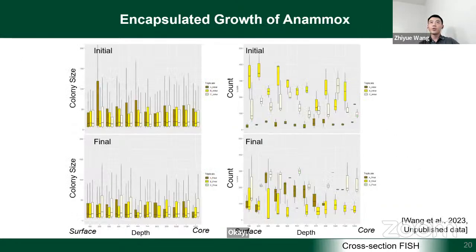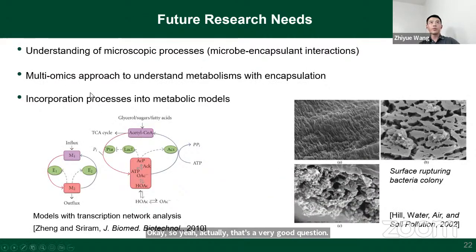So I think that remains still mysterious, because I do see a lot of reports saying that there's altered metabolism when bacteria are encapsulated. But again, as I mentioned, you do need to separate out the effect of mass transfer.